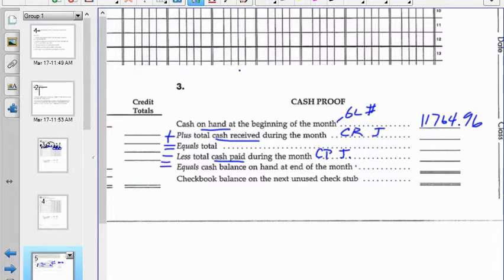Now I'm going to go look at my checkbook. Okay, so I got proof cash, October 1. Cash account balance in the general ledger was $11,764.96. On October 31st, the cash credit, and again, cash credit means cash going out. That's from my cash payment journal. Well, I'm spending $8,779.53.